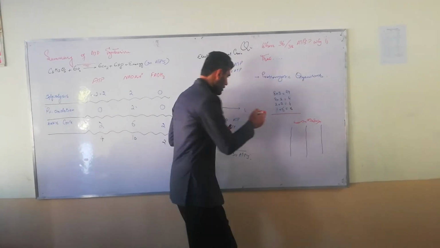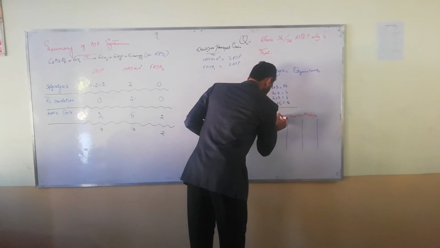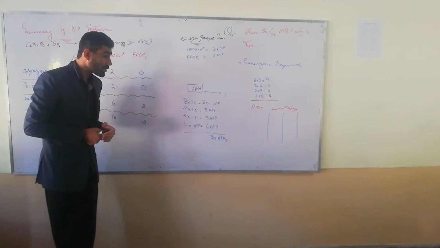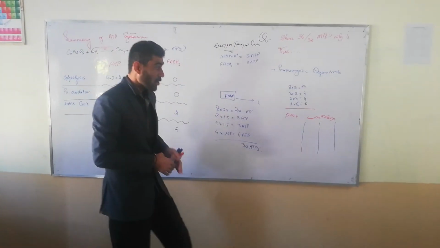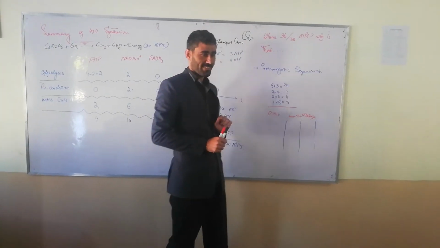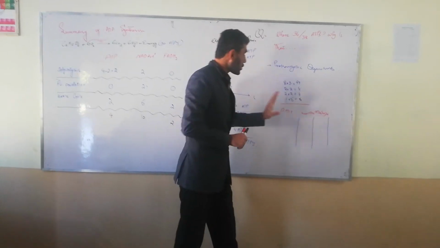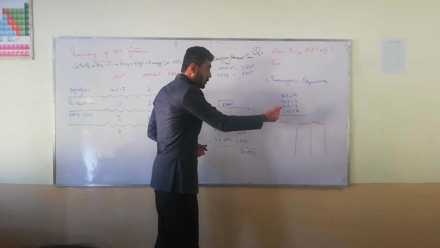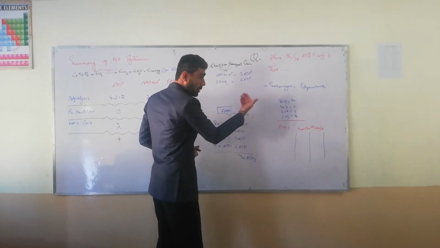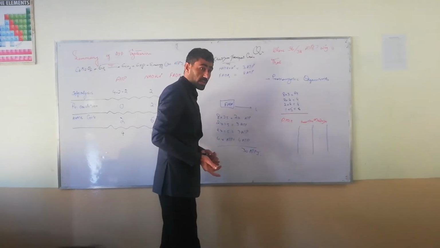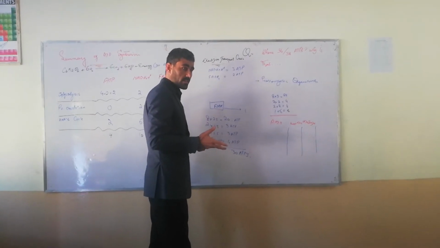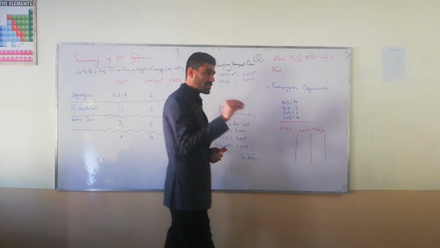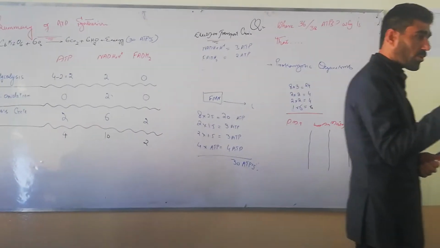So you need to travel something from here to here. You need to move your proton from the matrix site to the perimitochondrial site, that is the cytoplasmic site. This process must spend some amount of ATP.